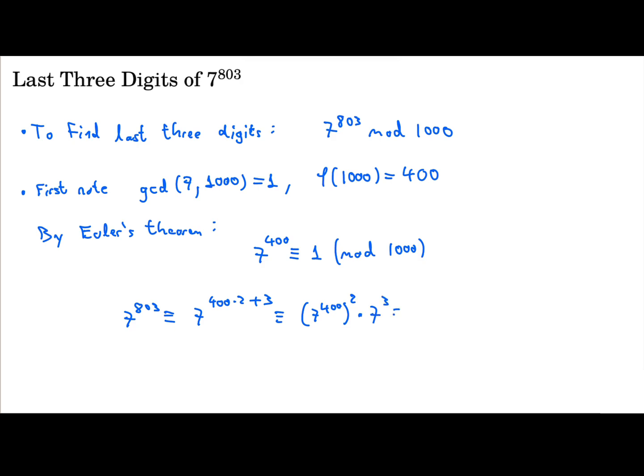And so we just saw that 7 to the power of 400 is congruent to 1 mod 1000. So this is just going to be 1 squared times 7 cubed, so it's just going to be 7 cubed.